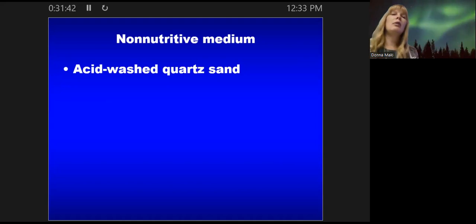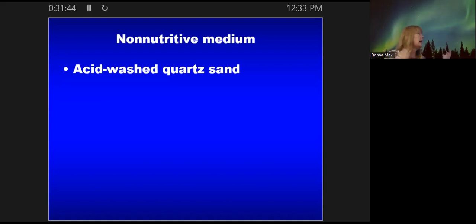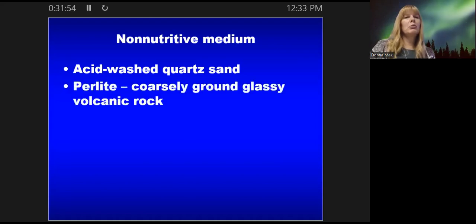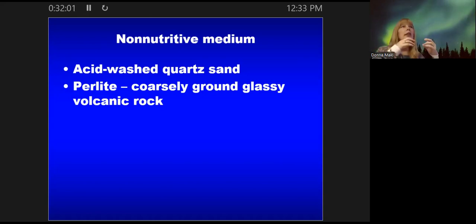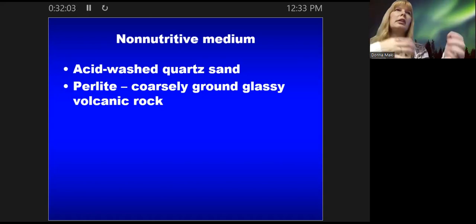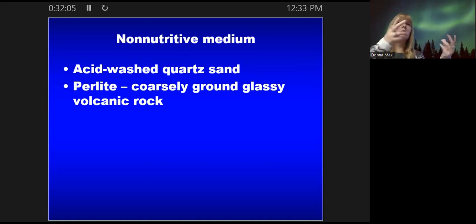Sometimes they will use acid-washed quartz sand, which just means they've washed any minerals off the surface of the sand particles, so it's inert, but it's a physical substrate the roots can grow through. Perlite is another inert substance. It's volcanic rock that's been heated and treated, that white poofy stuff that looks like little popcorn bits.